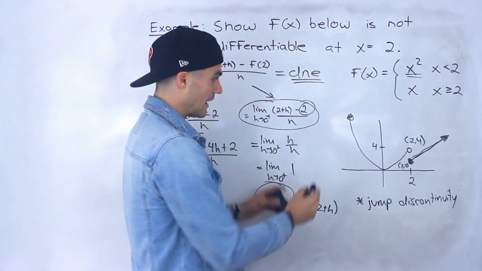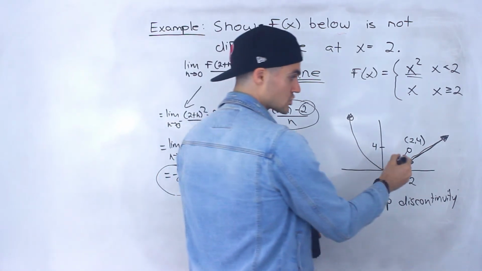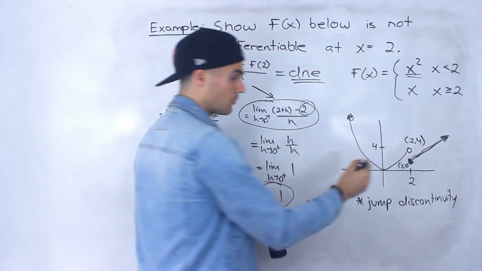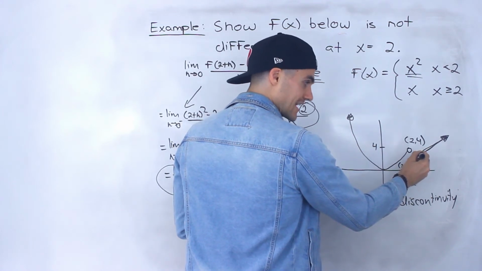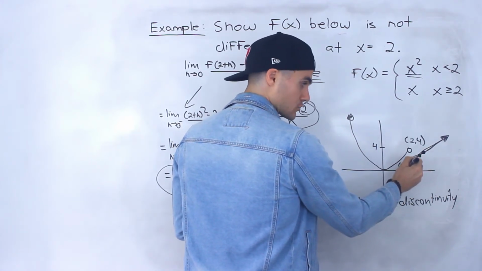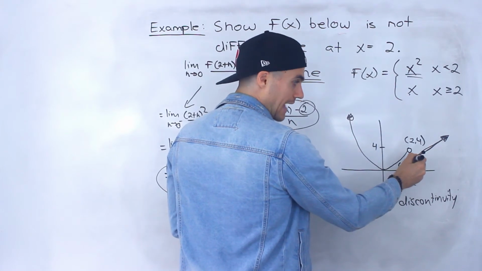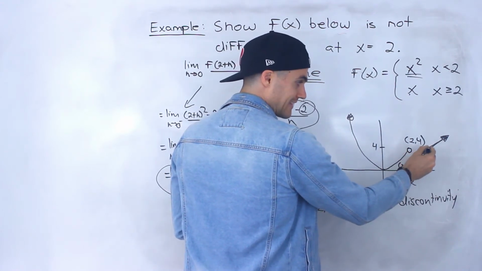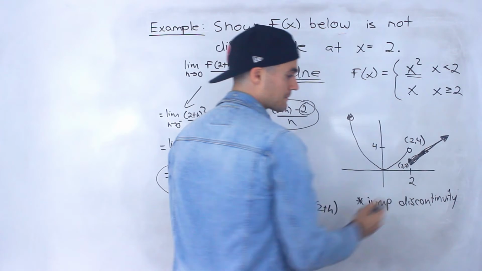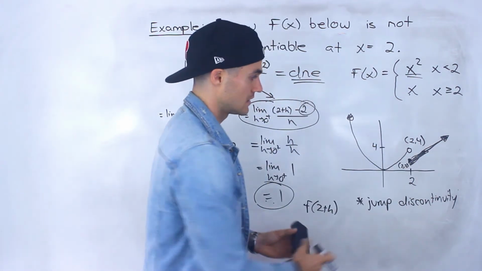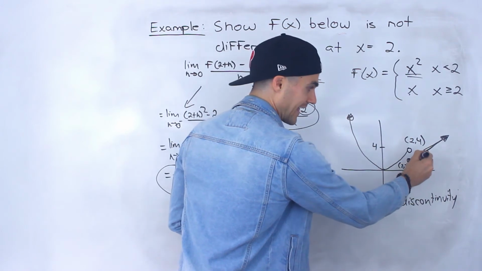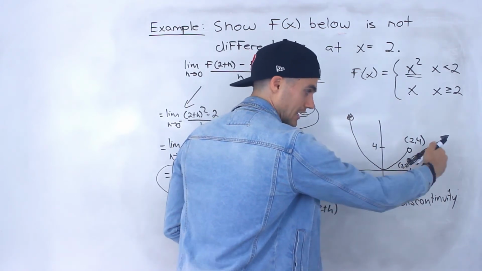And so what we're doing is finding the slope between 2 points, between this point that we're looking at and another point that's getting closer and closer and closer to this point. And notice that no matter how close we get, this slope is always going to be the same. It's just going to be the slope of this line here, y is equal to x, whenever we're looking at this point and any other point that's getting closer and closer.